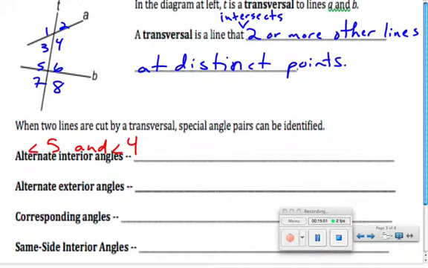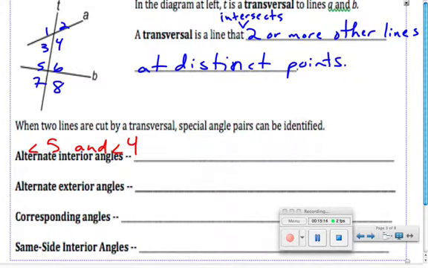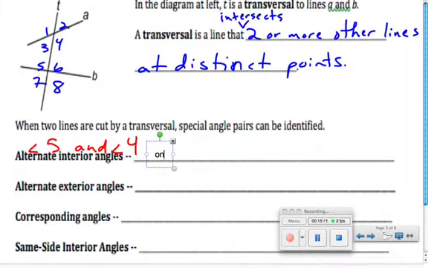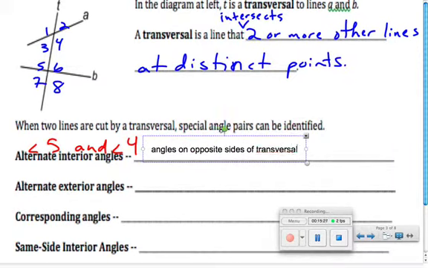Okay, so alternate interior angles are, as she said, angles on opposite sides of the transversal, inside of the two lines.